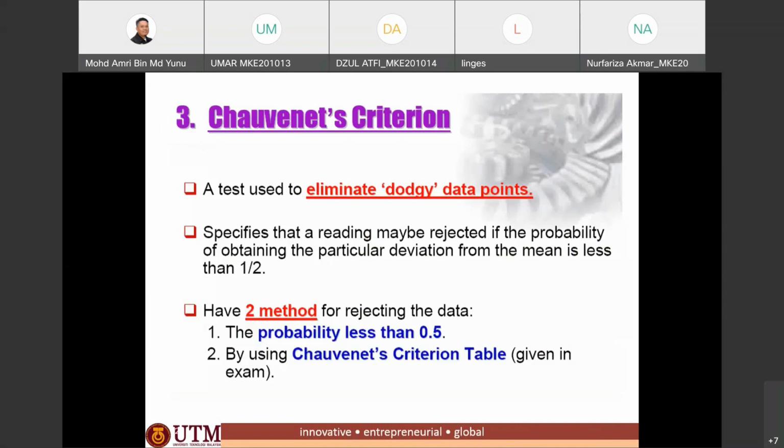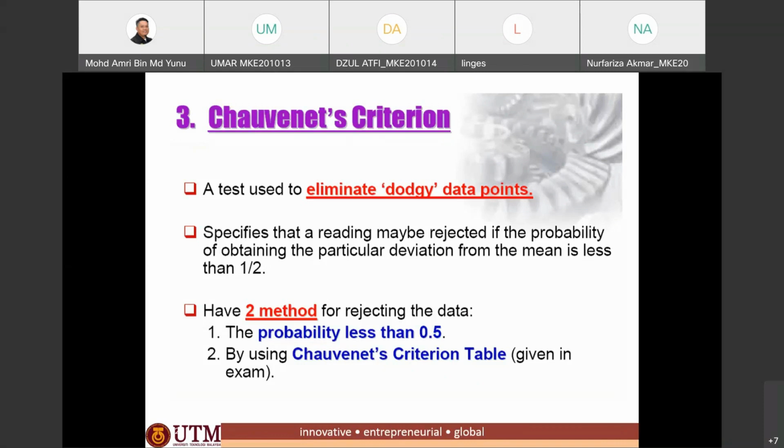So Chauvenet's criterion is one way we find the outliers, the signal not a part of the actual set of data.